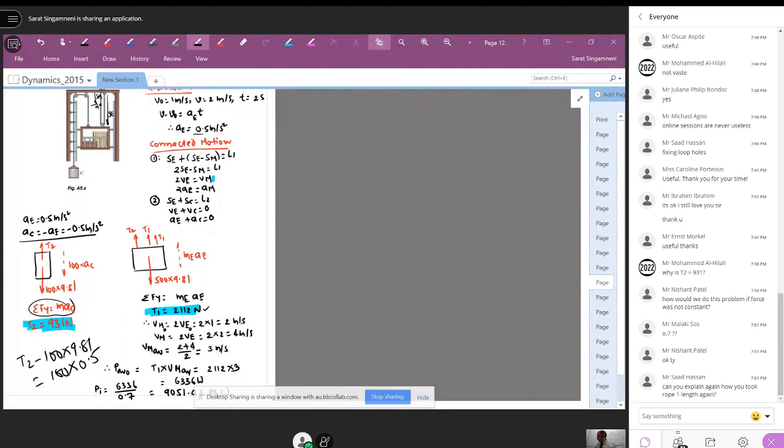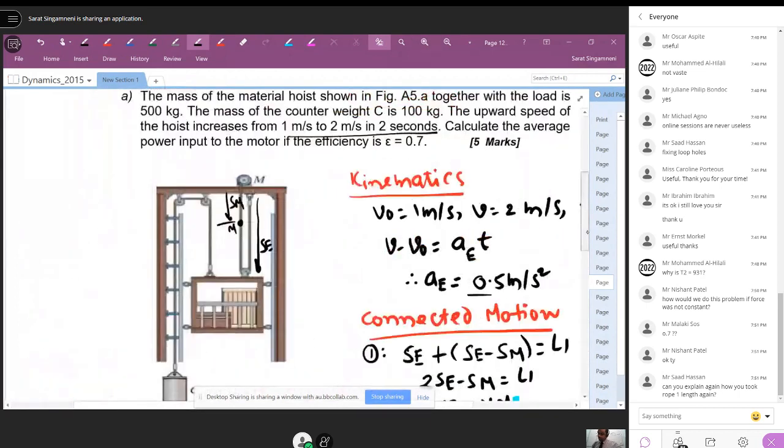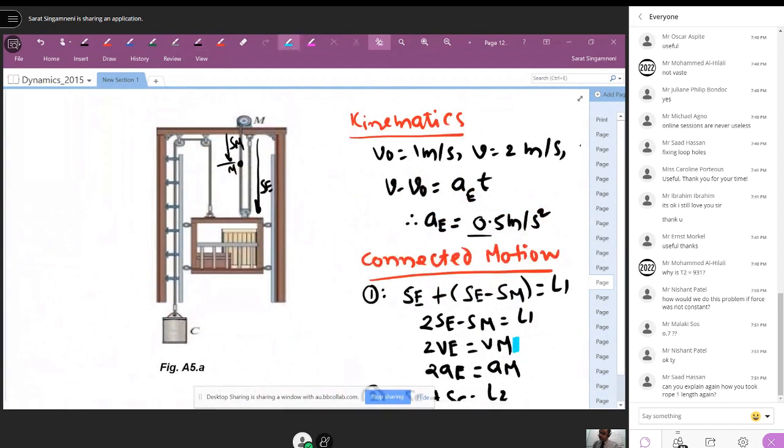A5B I solved in the class. What is the question? Can you explain again how you took rope 1 length again? The length of rope 1 is, take that as the datum. This is SE, this is SC. So total length is, this part is constant, we can neglect it. So SE plus SC equal to length.